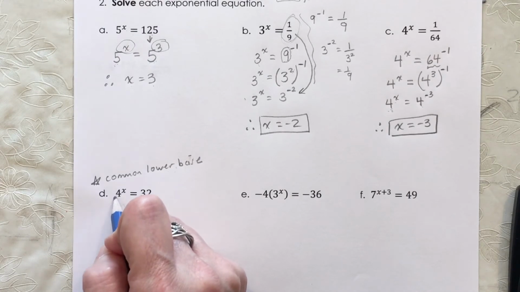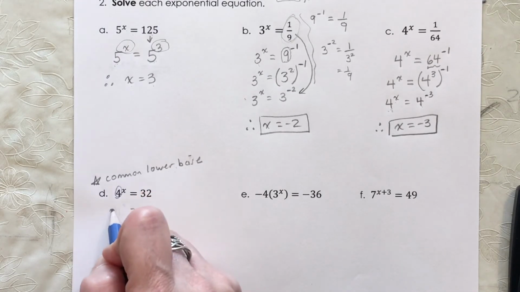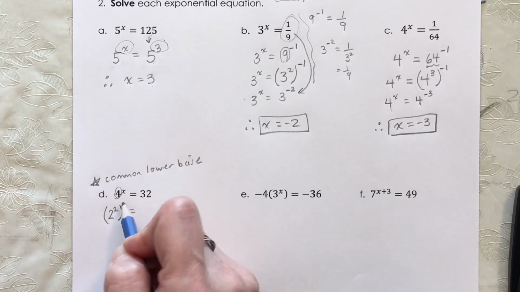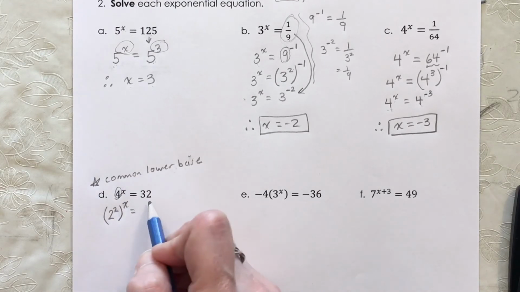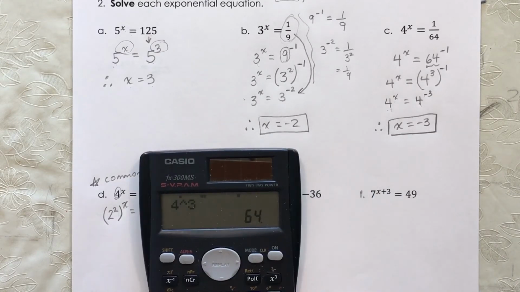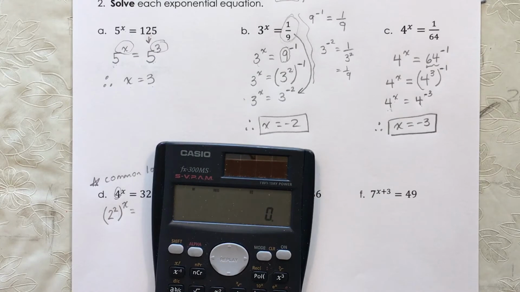So I can rewrite 4 as 2 to the power of 2, but that's still to the power of x. And then I'm going to hope that I can write 32 as 2 to some power. So let's try 2 to the 3rd, 8, 2 to the 4th, 16, 2 to the 5th, 32.